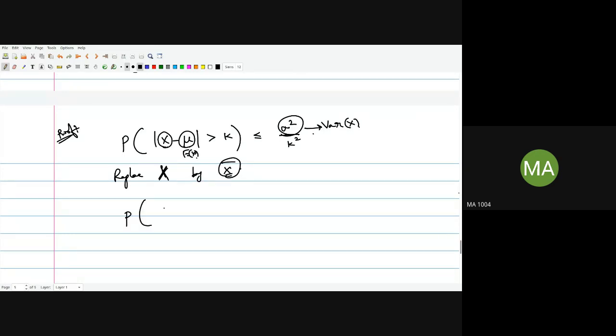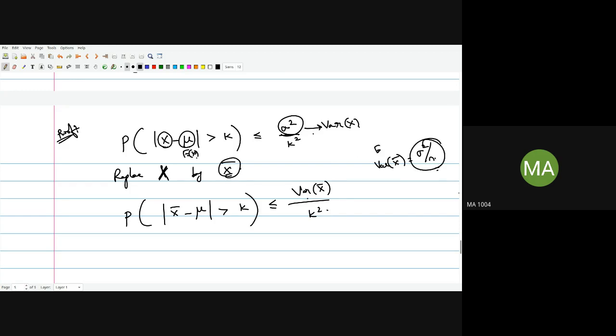So what are you going to get? The probability that |x bar minus expected value of x bar|, which is again mu only, is greater than some k will be less than or equal to variance of x bar divided by k square. So what is the variance of the sample mean? It is sigma square by n.